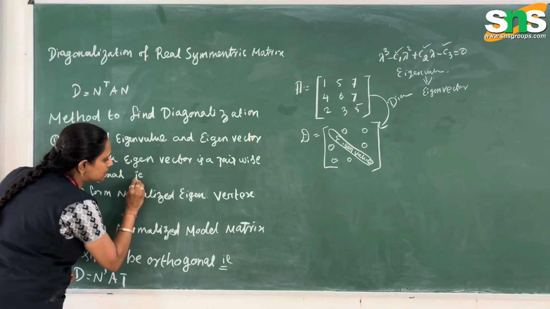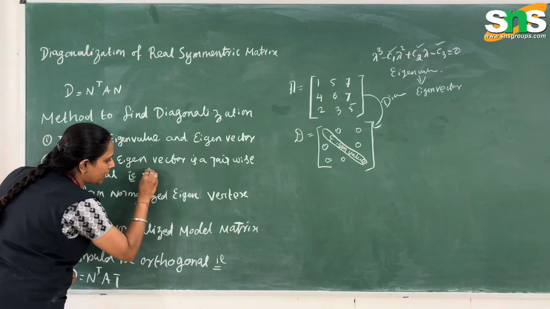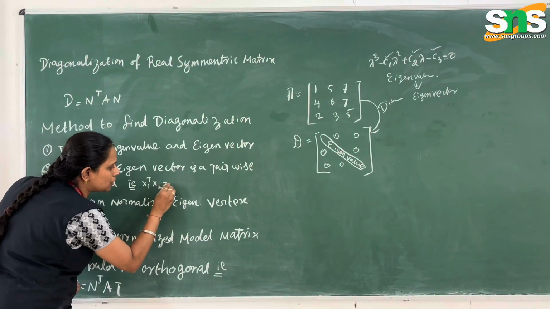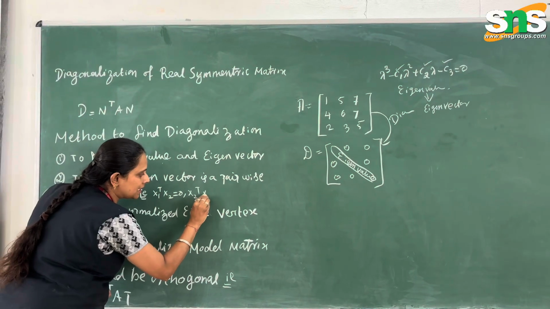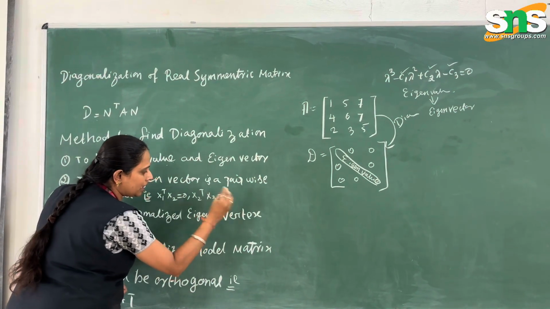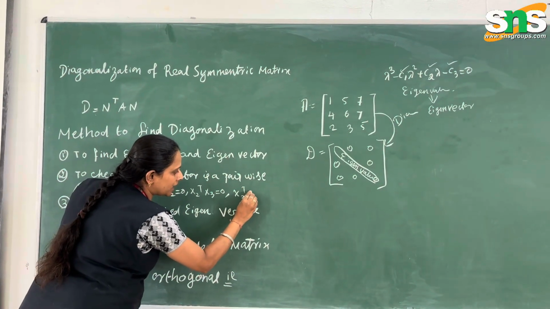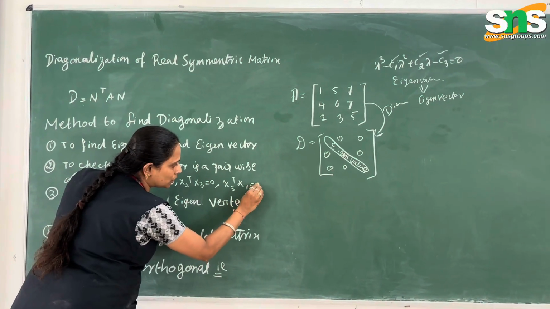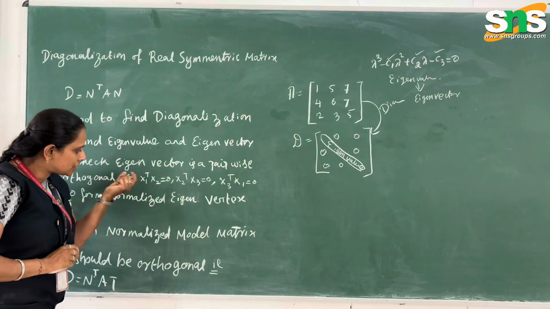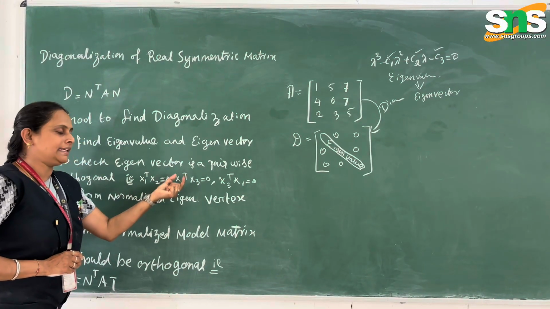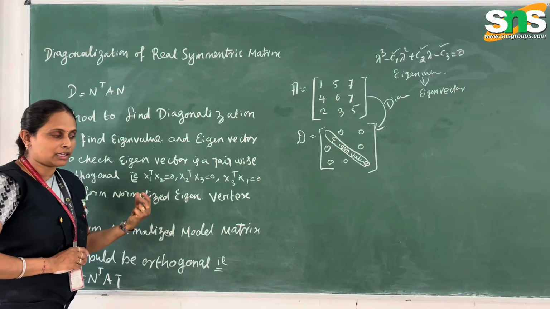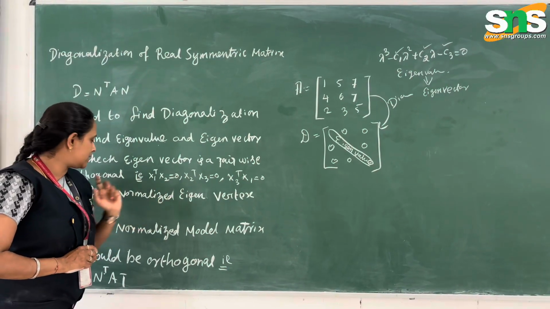It means x1 transpose x2 equal to 0, x2 transpose x3 equal to 0, and x3 transpose x1 equal to 0. If we check the left hand side, we get the right hand side, that is 0, so the given vectors are pairwise orthogonal.